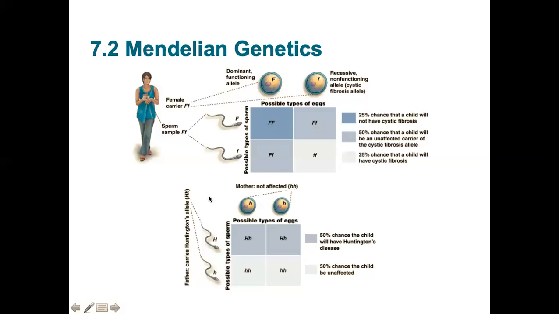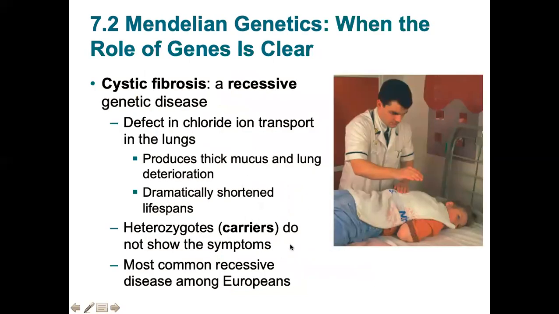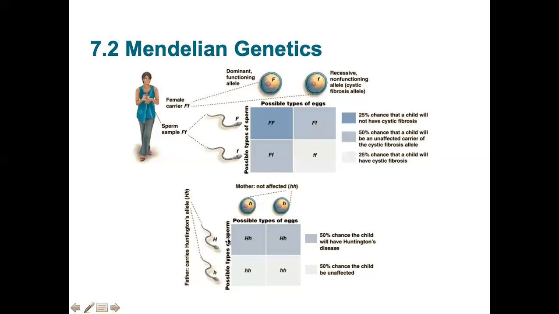We have to add in something called a carrier. A carrier are the people that have the allele but don't show the symptoms. So just like in the case of cystic fibrosis, the alleles that have the dominant recessive here are carriers, just like the parents actually in this case, because the parents were heterozygous with the recessive allele.